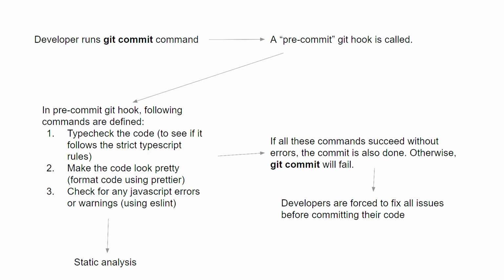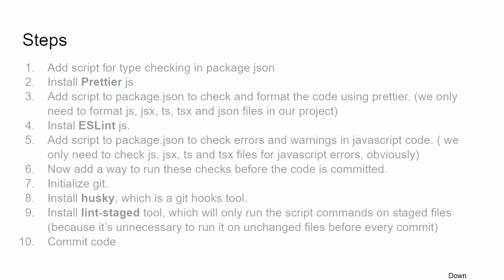So I'm going to add some scripts which will run when a developer commits the code, and if they fail, the commit will not succeed. And this way, the developer is forced to fix everything before committing the code. And this way I can guarantee that my GitHub repo will not have broken code.